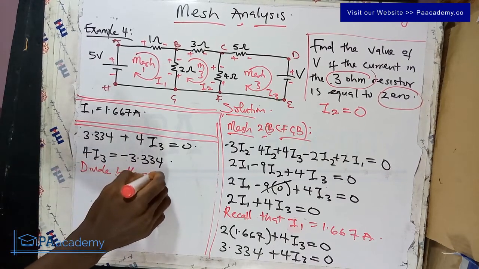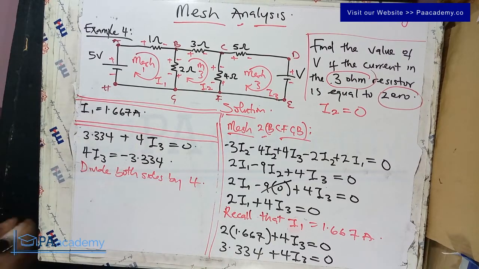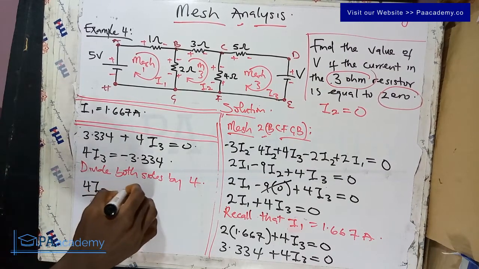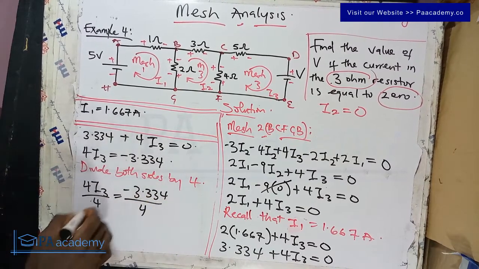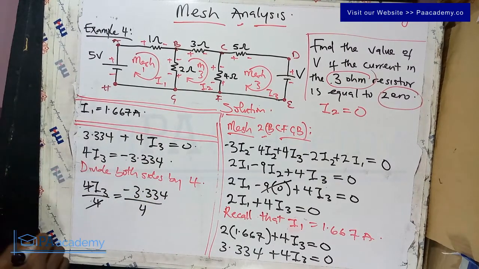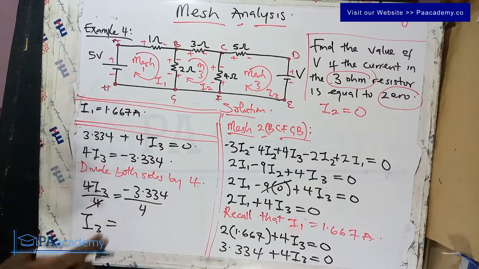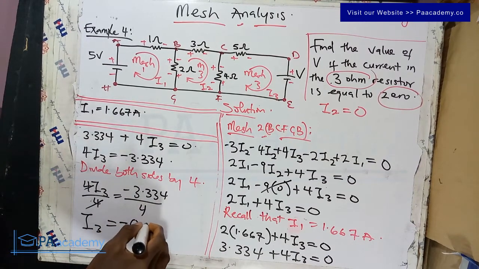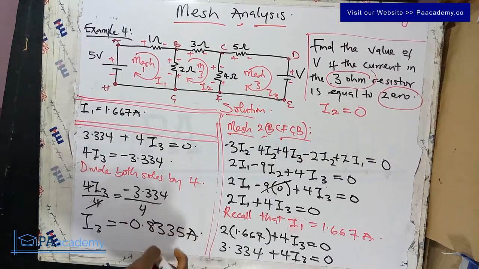In doing that, we have 4I3 divided by 4 equals minus 3.334 divided by 4. So this 4 can cancel out this 4. What will be left is I3 equals minus 3.334 divided by 4. That will give us minus 0.8335 amperes. Don't forget your units.